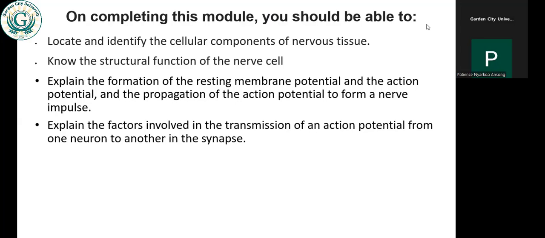Then you should also be able to explain the formation of the resting membrane potential and also the action potential. And we look at how transmission of impulse occurs along the nerve cell. Then finally, after completing this model, you should be able to explain the factors that are involved in the transmission of action potential from one neuron to the other, that's across the synapse.